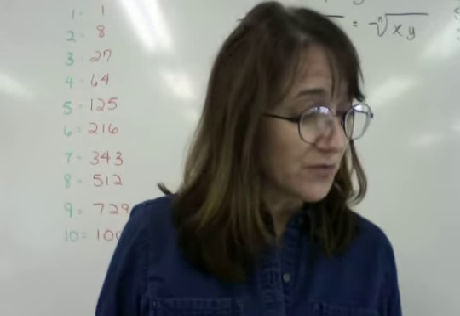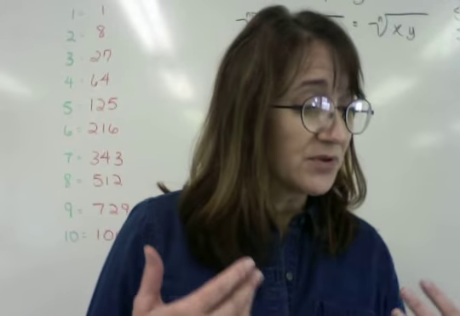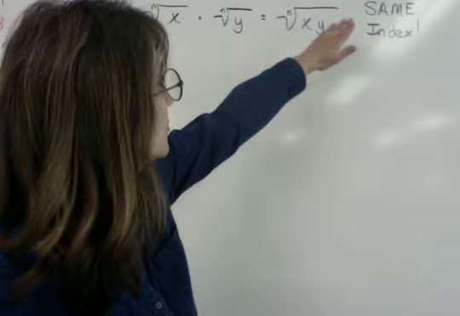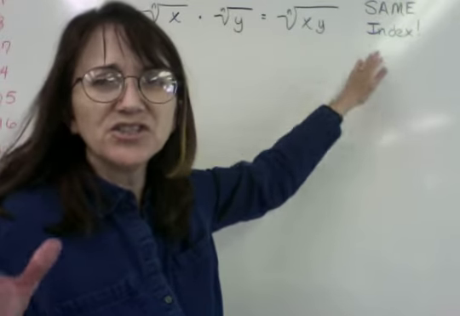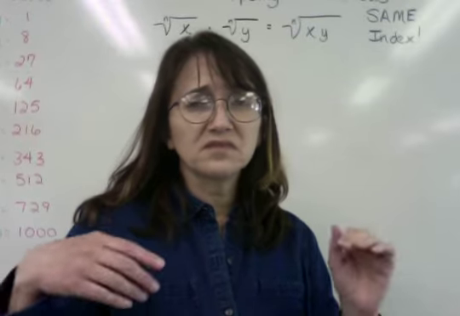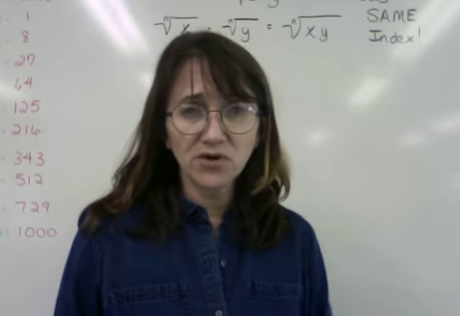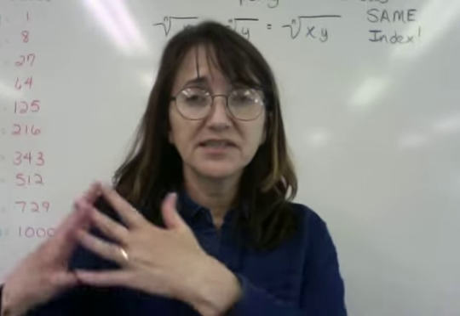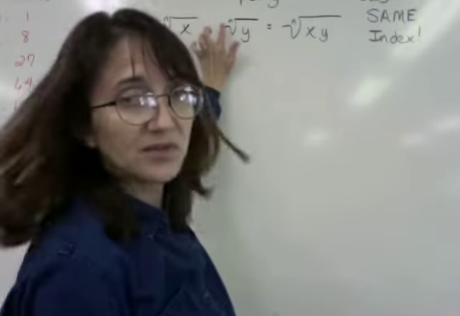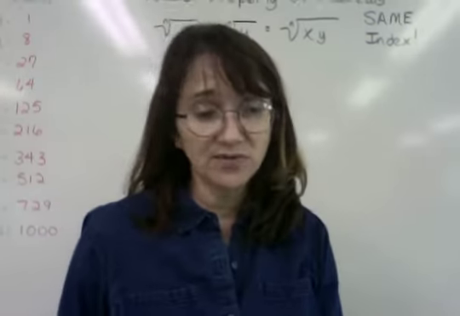Also remember, same index number. You can't do a cube root or a 5th root multiplied to a square root. That's not going to happen. It has to be the same power or the same index number. That's what that's indicating for the product property.